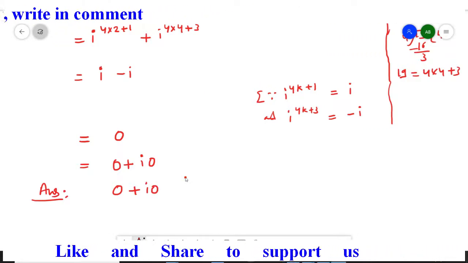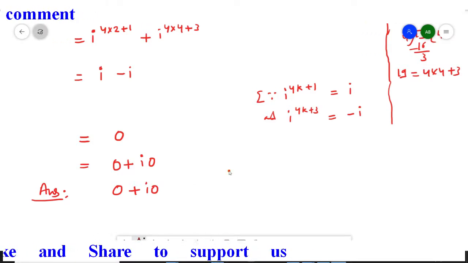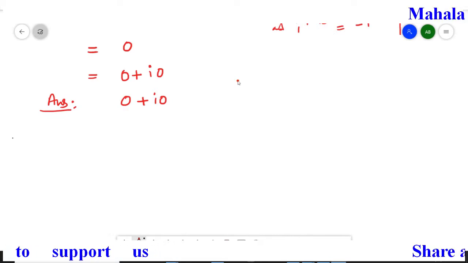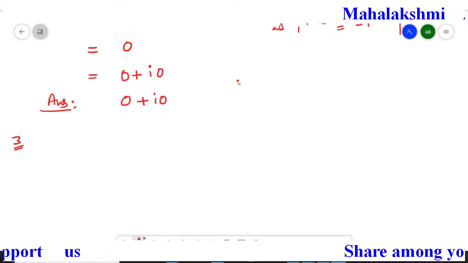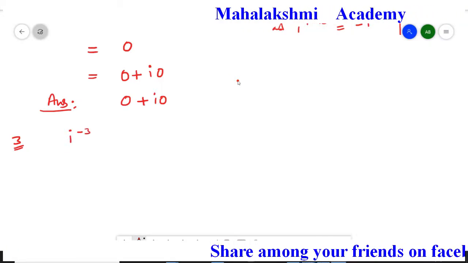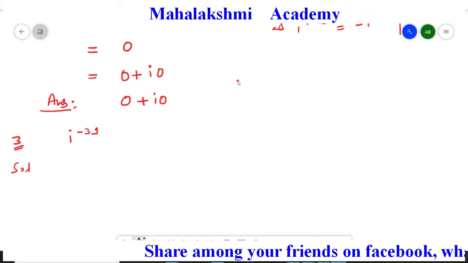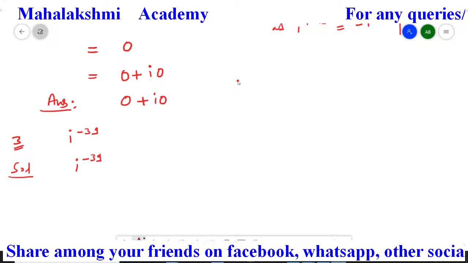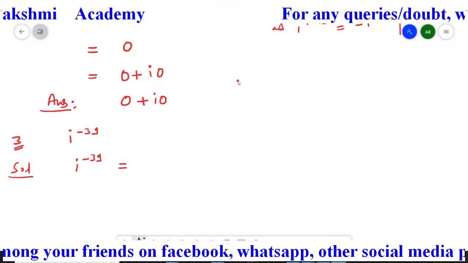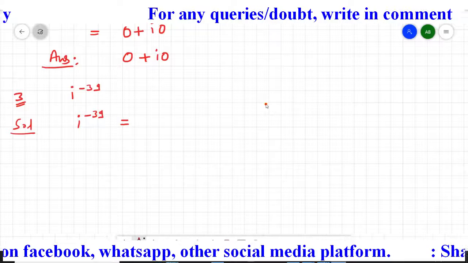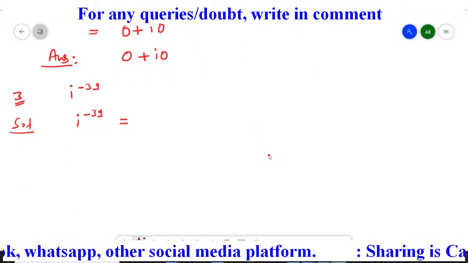In the same way, the third part of the same question. The third question of the same exercise is iota's power minus 39. Solution. Since the power of iota is minus 39, and in whatever formulas we have, you can observe that the powers I wrote are positive.